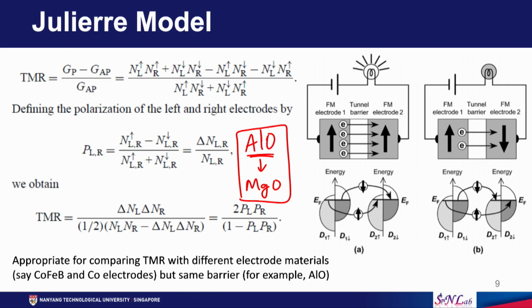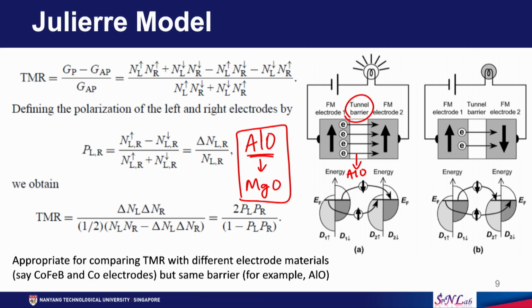Okay, so in the case of a magnetic tunnel junction, we have two ferromagnetic layers. Their magnetization can be parallel or anti-parallel, and we have a tunnel barrier. In this case we just ignore the tunnel barrier. It can be aluminum oxide or anything, so the Julliere model is independent of the tunnel barrier.